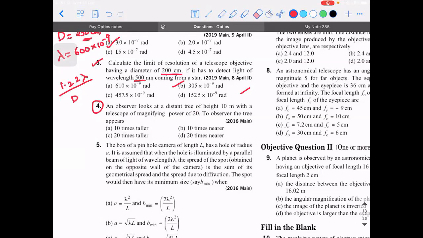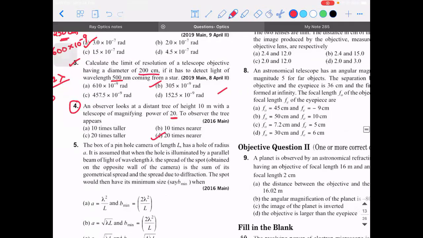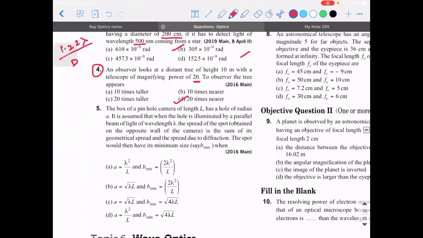But actually no formula is needed because they just gave the magnifying power as 20. It's a theory question. Twenty times taller means 20 times nearer. It comes close to you, right? Oh, sorry, 20 times nearer. If it were a microscope, what you said would be correct, 20 times taller, because it would magnify further. Sorry sir, it's a telescope. Okay, telescope.